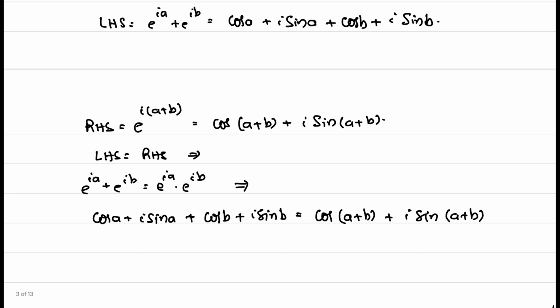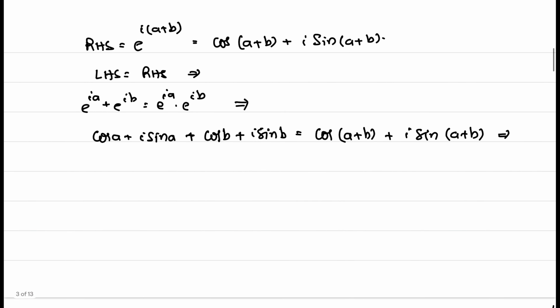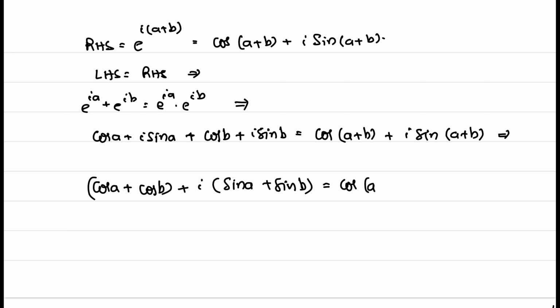It is like a vector. That can be written as cos A plus cos B plus i into sin A plus sin B is equal to cos(A plus B) plus i into sin(A plus B). It is like a vector.